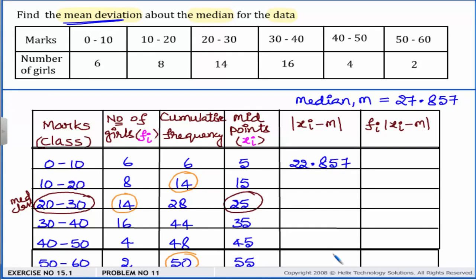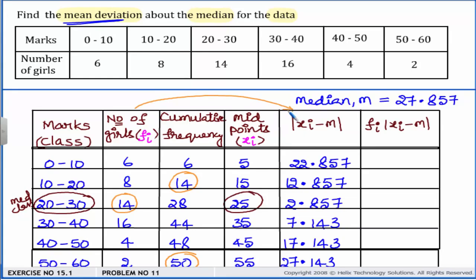Likewise, we can calculate the rest of the values. Now let us find out the product of fi into modulus of xi minus M. Therefore we have 6 into this 22.857, which gives us 137.142. Likewise, we can find out the rest of the products.